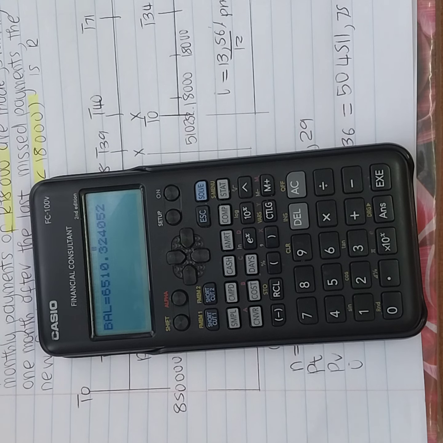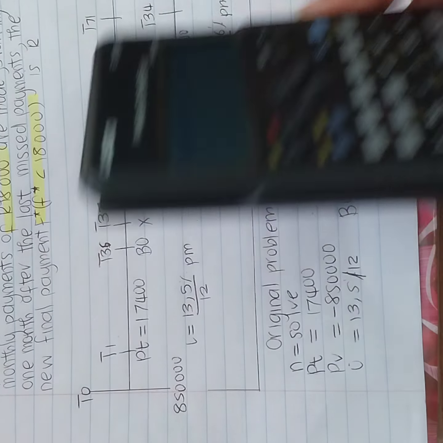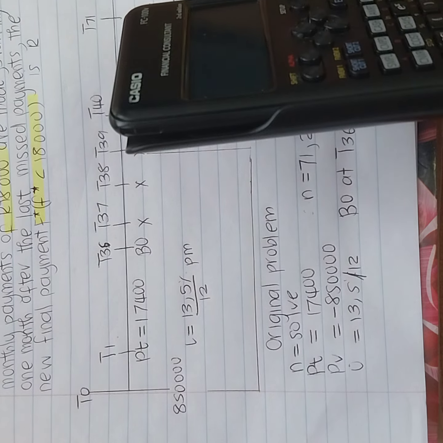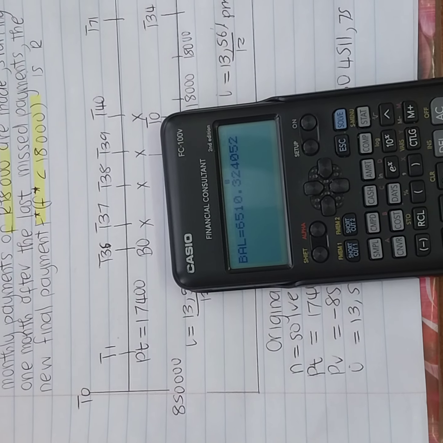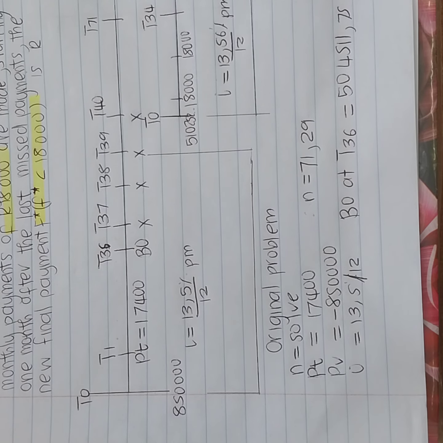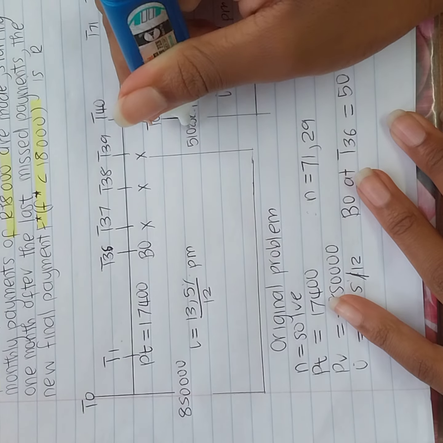So now I need to compound this amount by, sorry you guys, sorry, just a minute. Okay, so I do not know what I pressed wrong, but my present value is wrong.